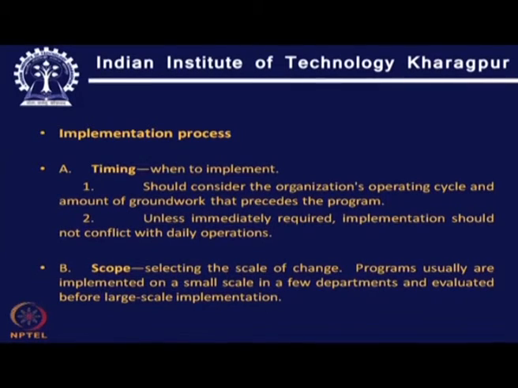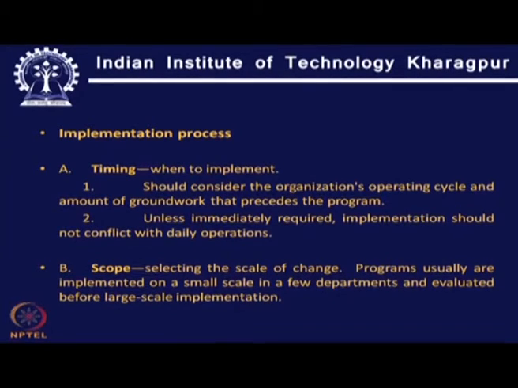So, the implementation process will depend on two things. The first is timing, which is when to implement, and it should consider the organization's operating cycle and the amount of groundwork that precedes the program. So, unless the change is required immediately, implementation should not conflict with the daily operations.